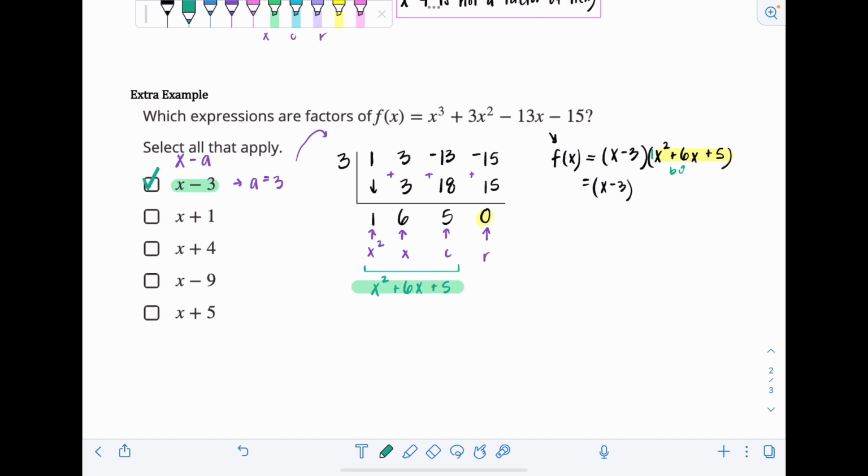So this is B, this is A, this is C. When A is 1, I just need numbers that multiply to C and add up to B. So they would have to multiply to 5 and add up to 6. So the combination 1 and 5 would work, because 1 times 5 is 5 and 1 plus 5 is 6. So then the x squared part breaks down into x plus 1 times x plus 5.